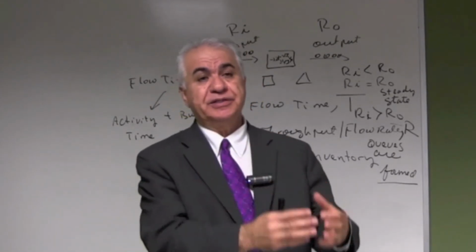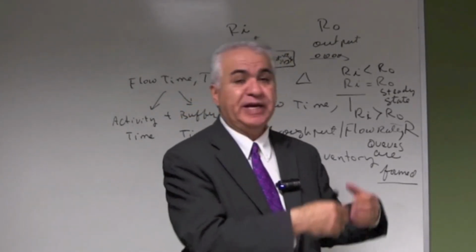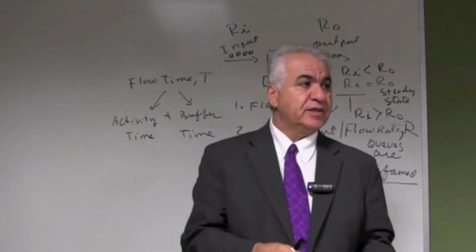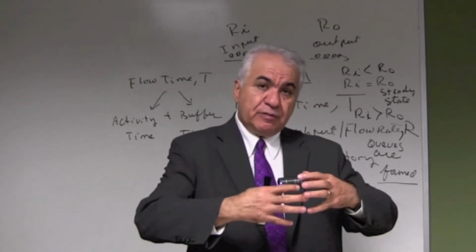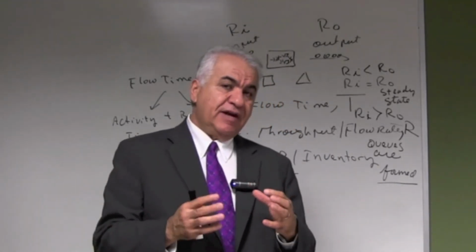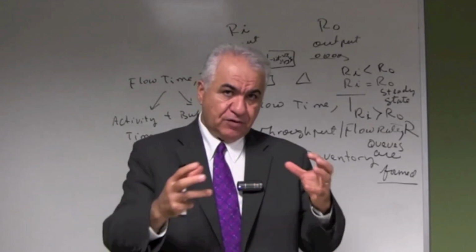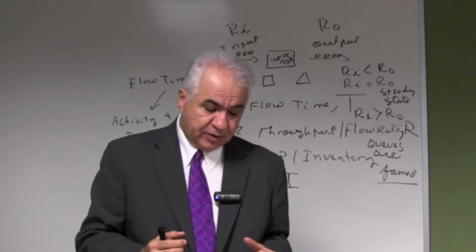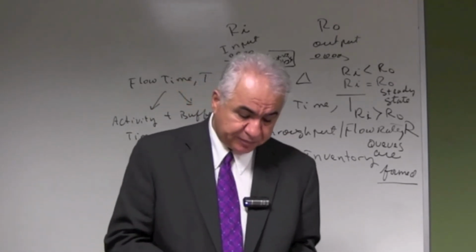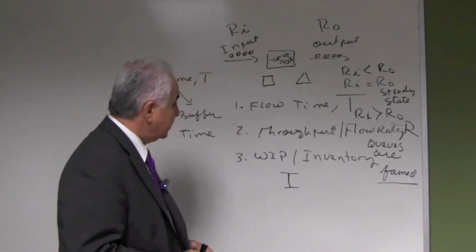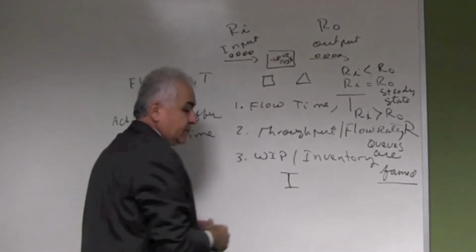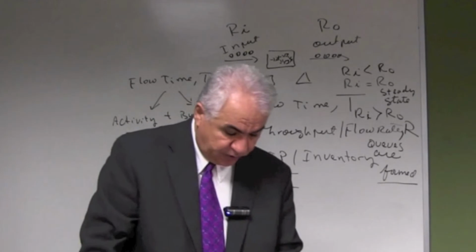We may have flow units in buffers waiting, we may have finished goods and products. We may have incoming goods and products. So when we're making a reference to the inventory, it's a reference to the number of units that are present within the process boundary. So how many units are present in this process is a reference to the inventory.